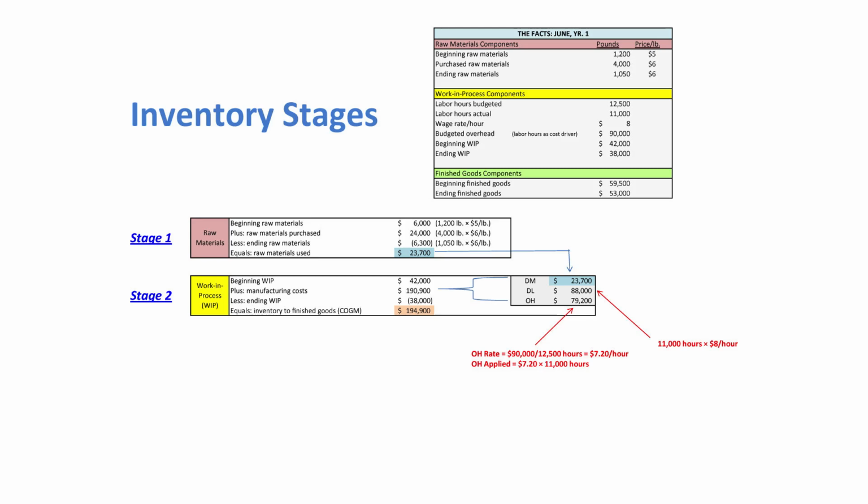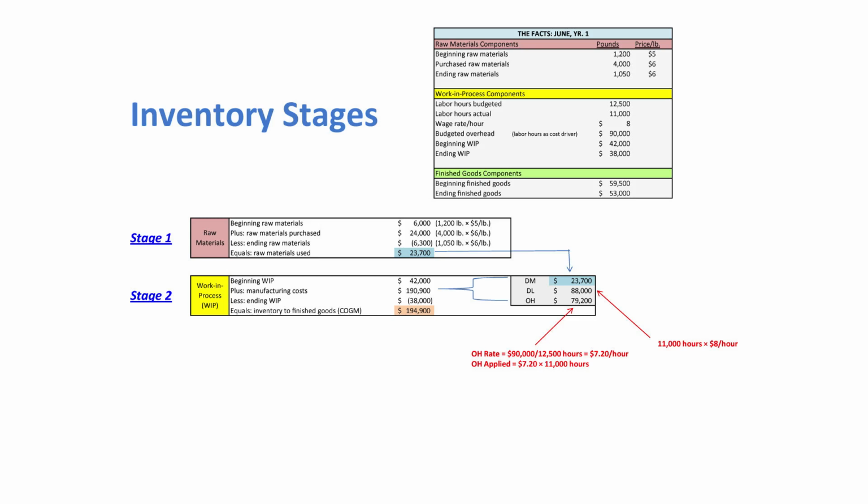So take the $90,000 of budgeted overhead divided by that single cost driver, the budgeted hours, 12,500. We've got $7.20 per hour. We then multiply that by the actual hours, which were 11,000 hours. So our manufacturing overhead applied is 79,200.